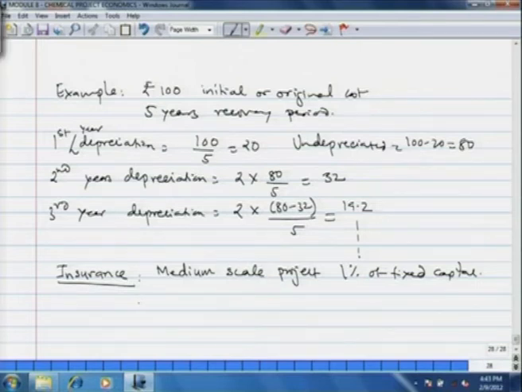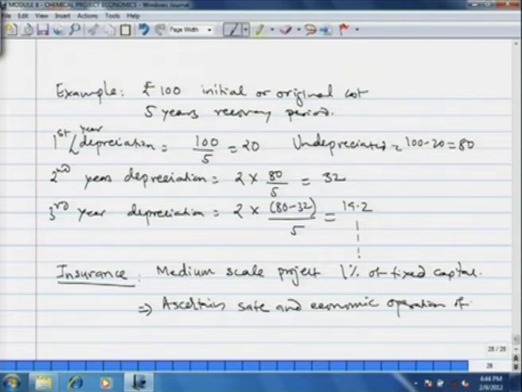So that point we note. Insurance is basically to ascertain safe and economic operation of the plant against emergencies and unforeseen expenses.